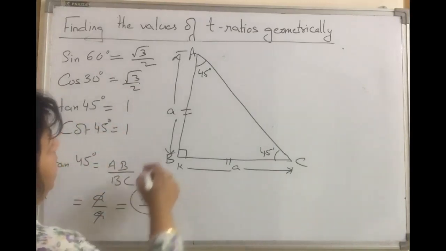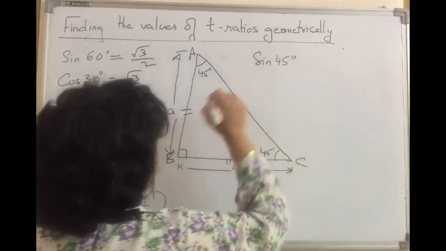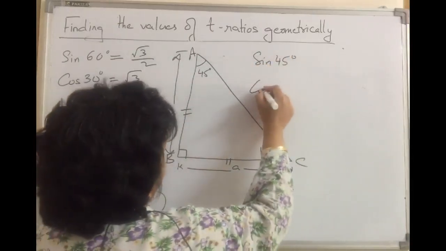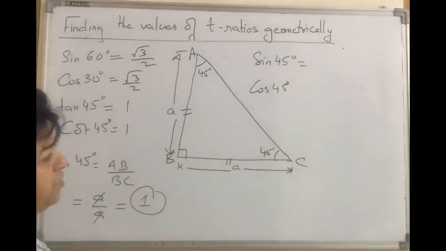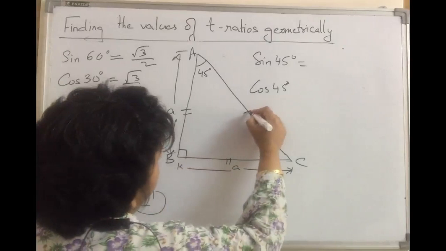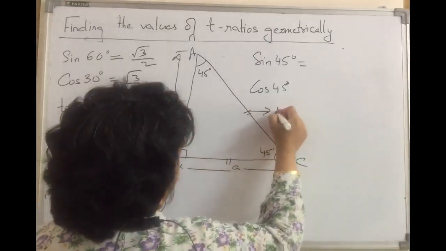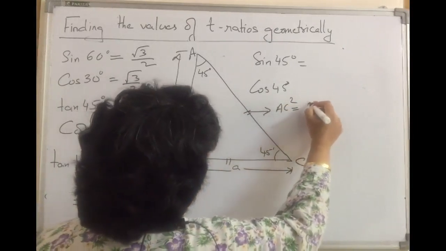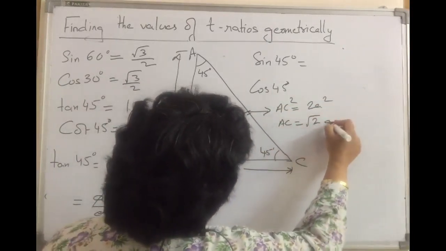You can also find here sin 45. You can find cos 45. Sin 45, just in case you are finding, for that you need to calculate the hypotenuse. AC square is equal to 2A square, or AC will be root 2A.